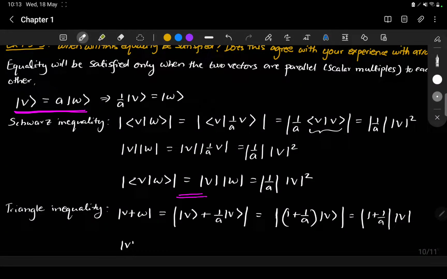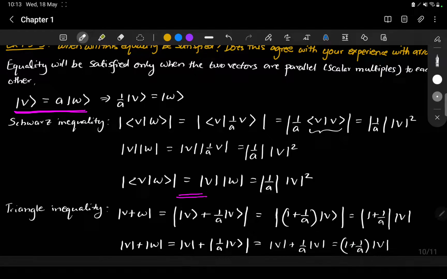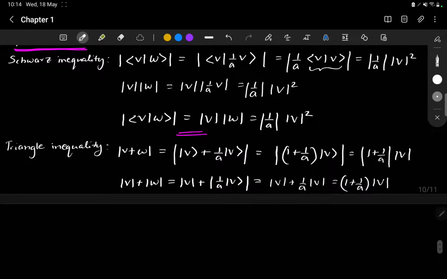So again we see that this inequality is being converted to an equality.